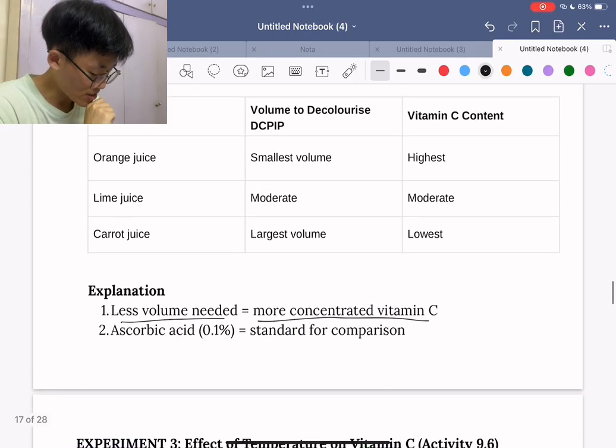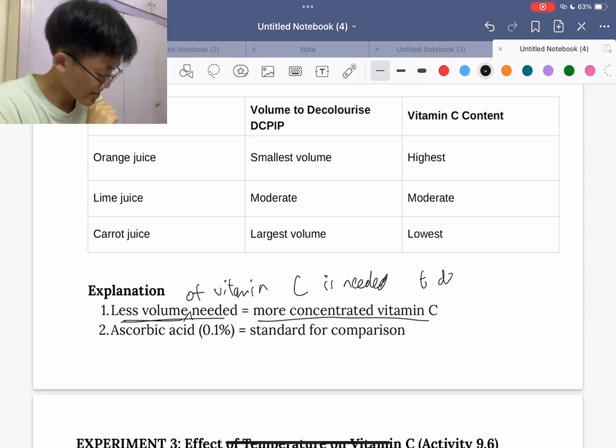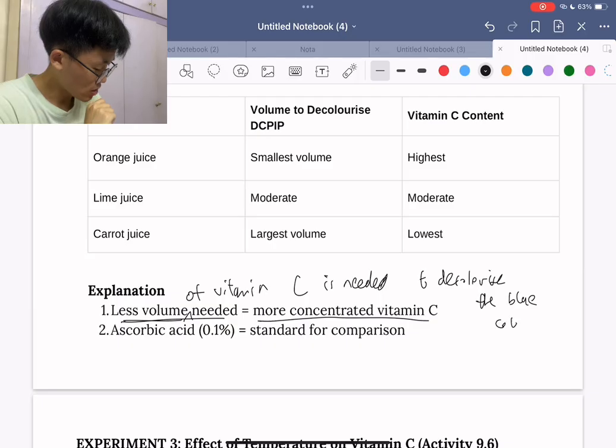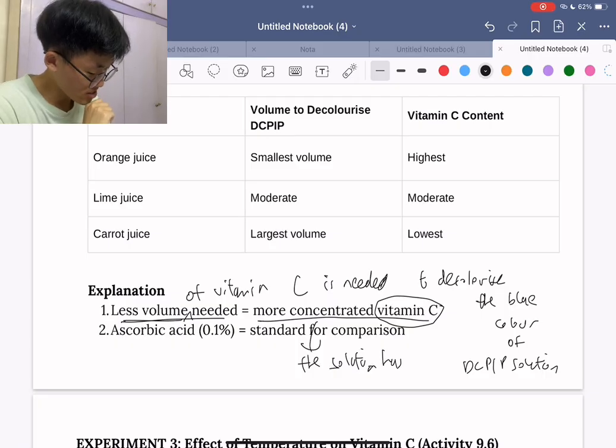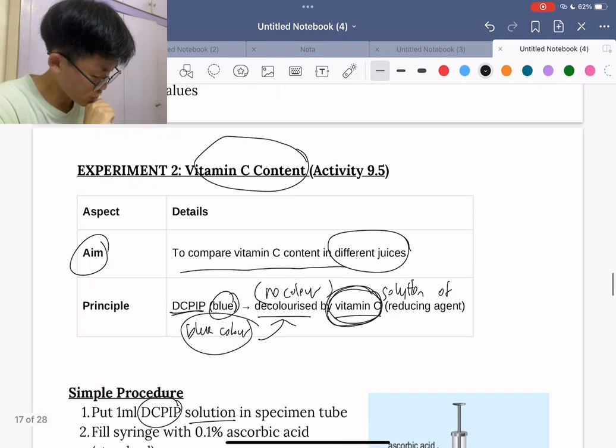So it means that if a lesser volume of vitamin C is needed to decolorize the blue color of the DCPIP solution, it means that the solution has more concentrated vitamin C. Yes, in different juices.